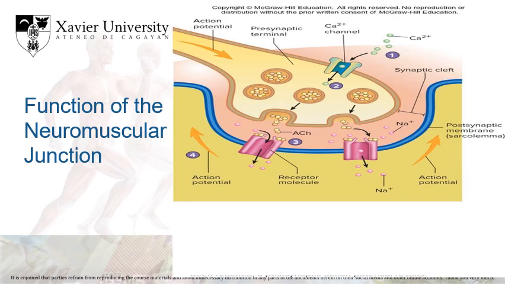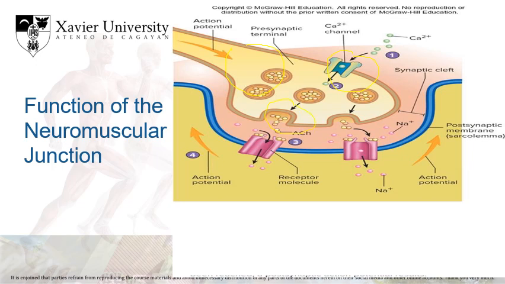Function of the neuromuscular junction. An action potential arrives at the presynaptic terminal, causing calcium ion channels to open. Calcium ions enter into the presynaptic terminal and initiate the release of the neurotransmitter acetylcholine from the synaptic vesicles into the synaptic cleft.